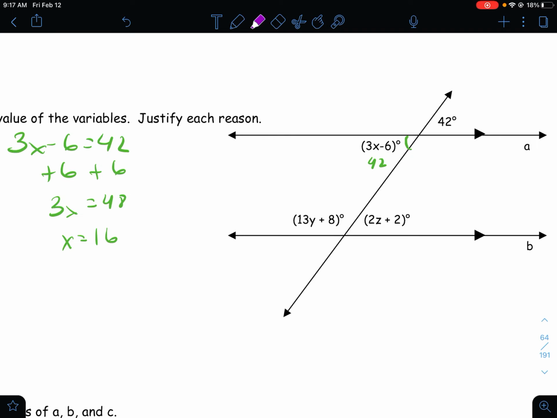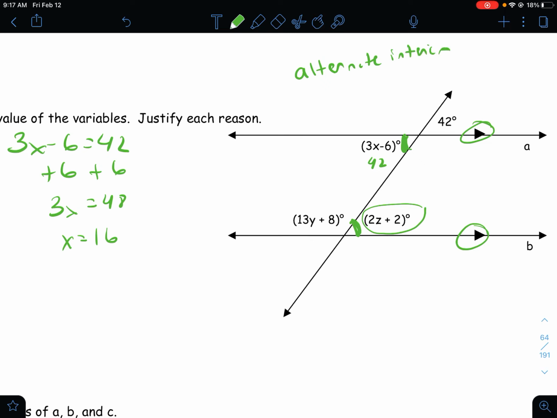So now we look and we see, well, we've got parallel lines here. All right, and we can use our relationships to figure out these missing variables. So let's go ahead. Why don't we worry about this guy first? What kind of a relationship does this 42 have and this 2z plus 2 have? That's going to be alternate interior.